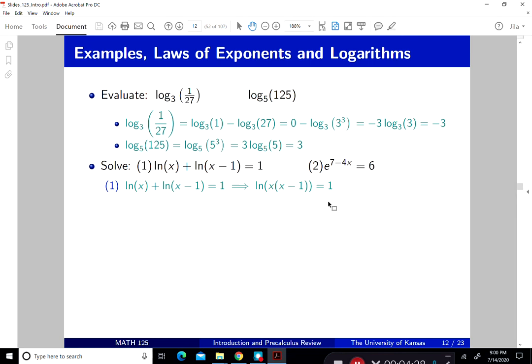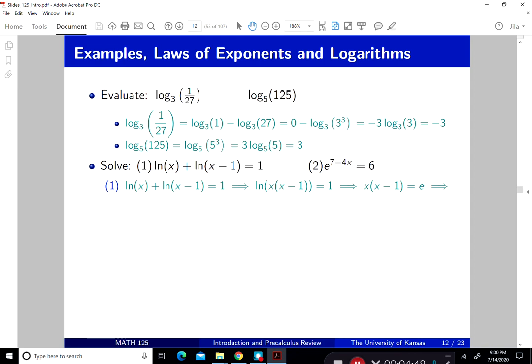Now, use the inverse property of natural log, and we end up with e to the power natural log of x times x minus 1 is equal to e to the power 1.